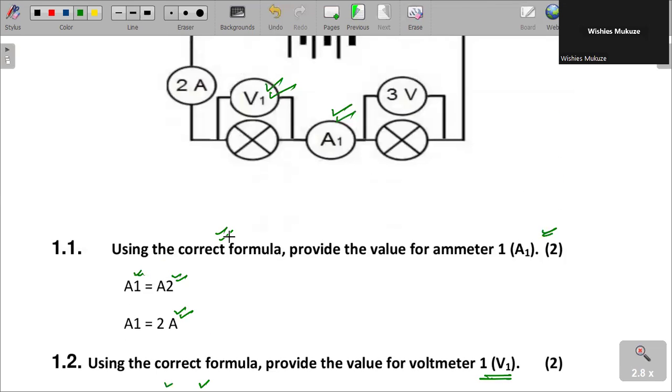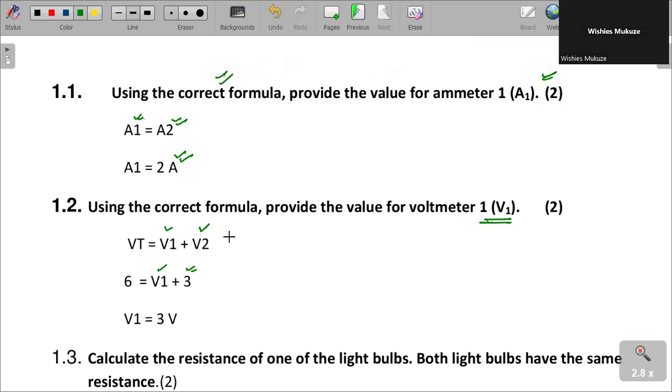This part is just a simple equation where 6 is equal to V1 plus 3, and we want to find V1.